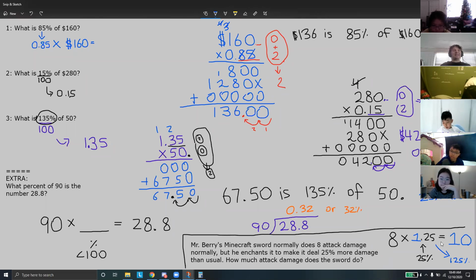But this is exactly how I would write the code in one of my games. I would say damage, and if I want to deal 25% more damage, I would do damage times 1.25 equals new damage. This is exactly what we do in coding. I think that's really cool. Great, and that is going to be the end of our recording.